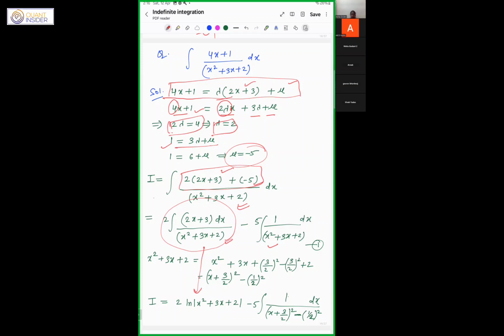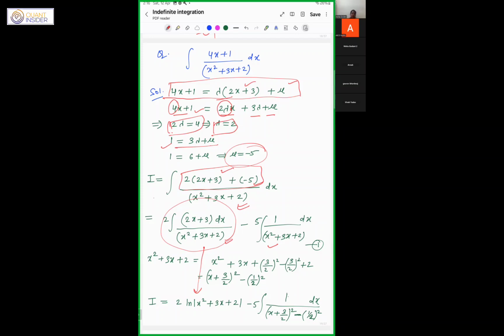Now for the next term, it is required to have a perfect square. Because it is of the form x square plus 3x plus 2, and we have the formulas for x square minus a square or x square plus a square, like that.